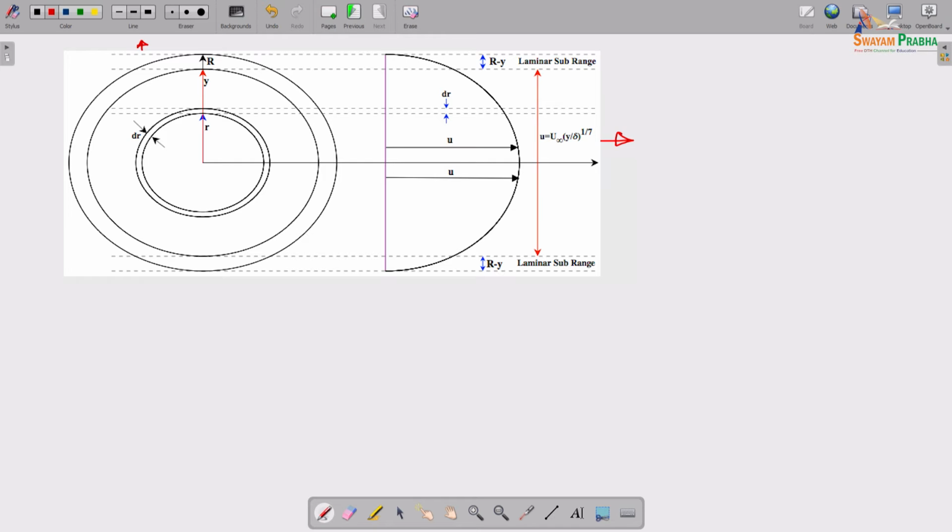So my y will actually start from here, right.